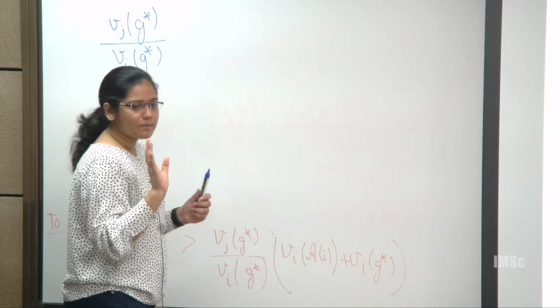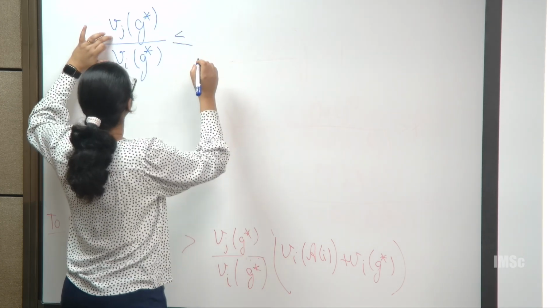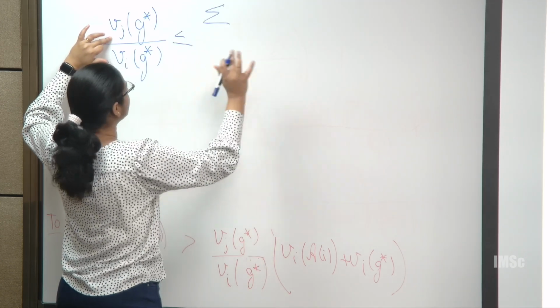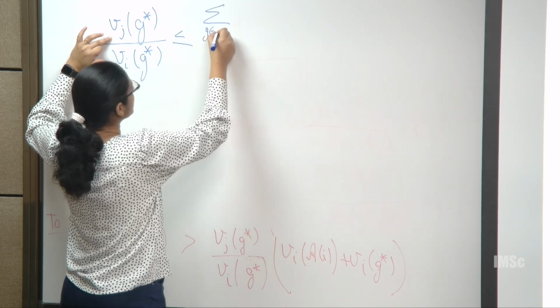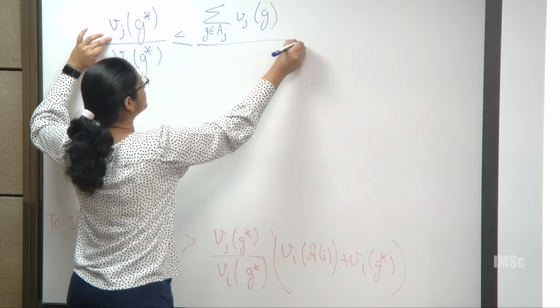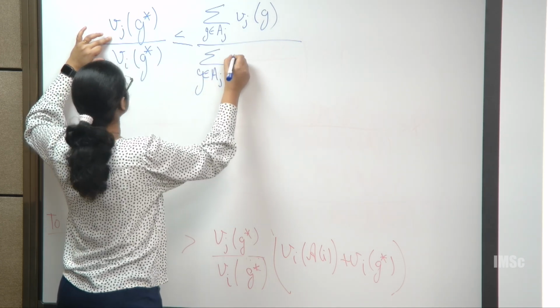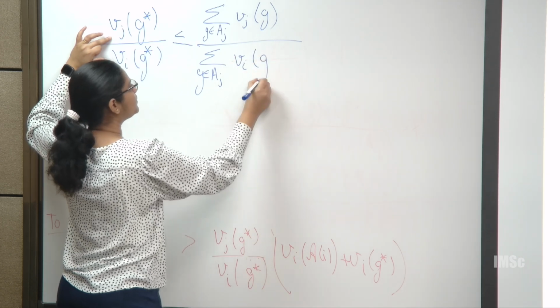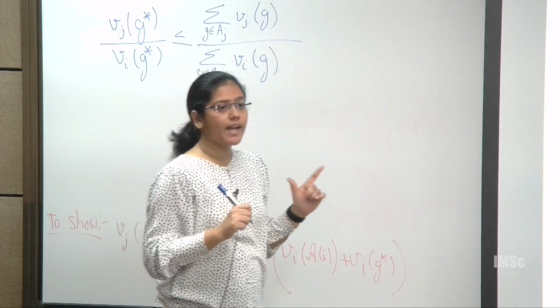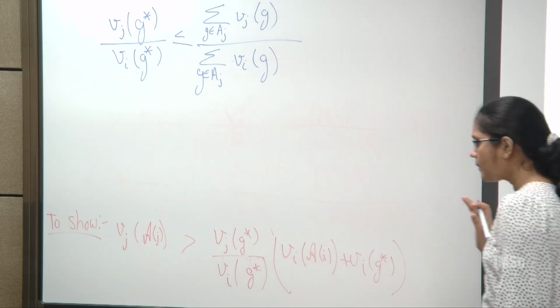If you take this summation over everything, g belongs to A_j, this is true, and it happened because of the choice of G star that it minimizes the ratio. That is why we have this summation too.